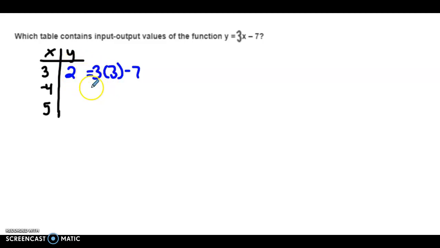And then I'm going to plug in a negative 4 for x. 3 times negative 4 is negative 12, minus 7, negative 19. And then I'm going to plug in a 5 for x. 3 times 5 is 15. 15 minus 7, I think that's 8. So that should be the correct table.